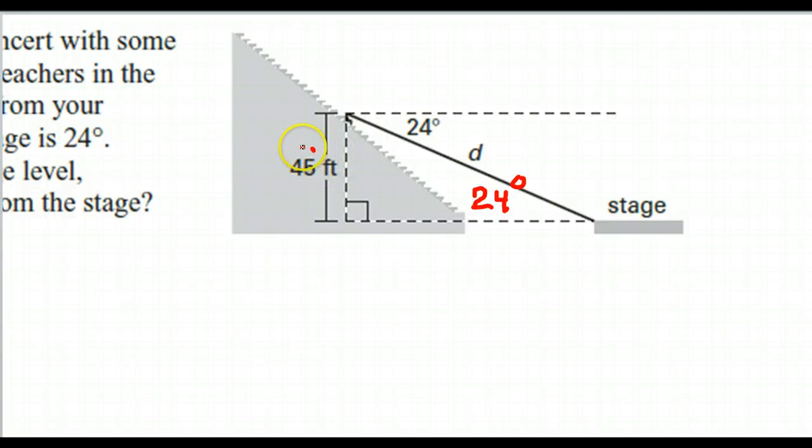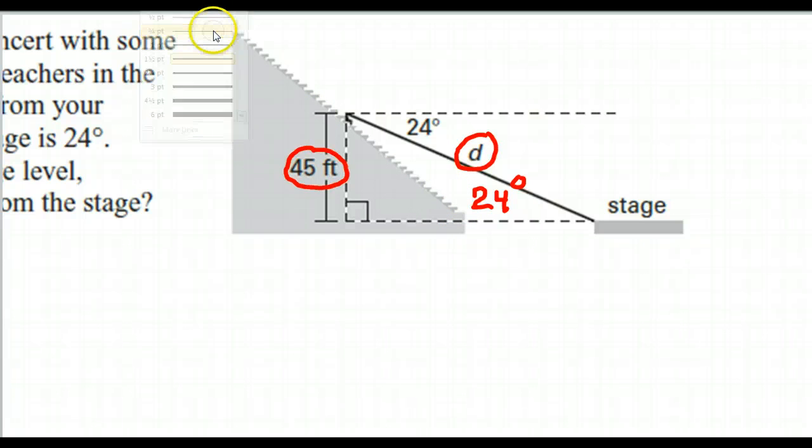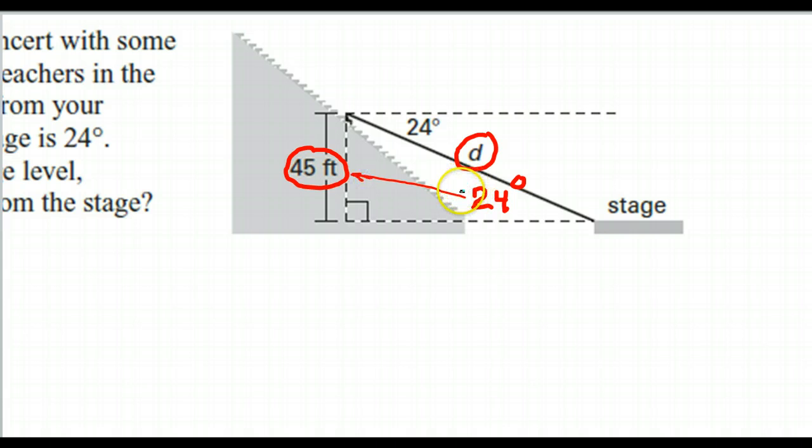So I've got the 45, and I've got d that I'm trying to find. From the perspective of the 24, the 45 is opposite, and d, of course, is the hypotenuse. So I've got opposite and hypotenuse. So that's the sine function.